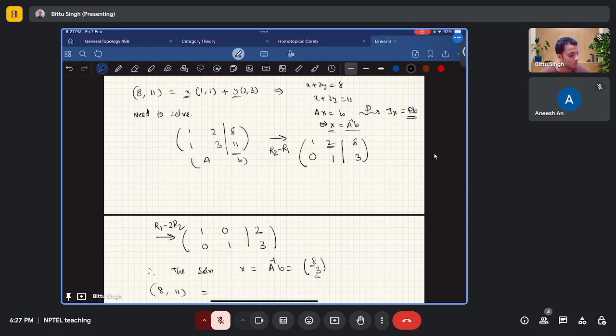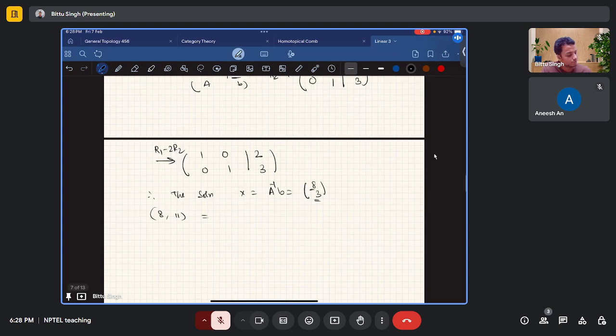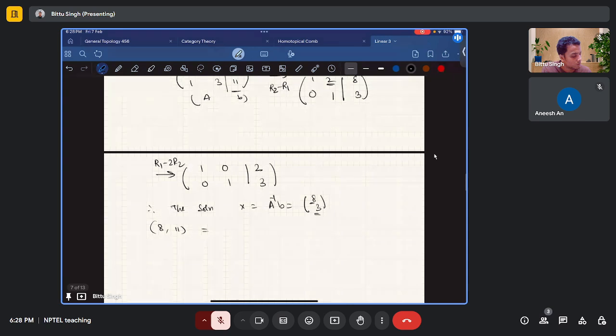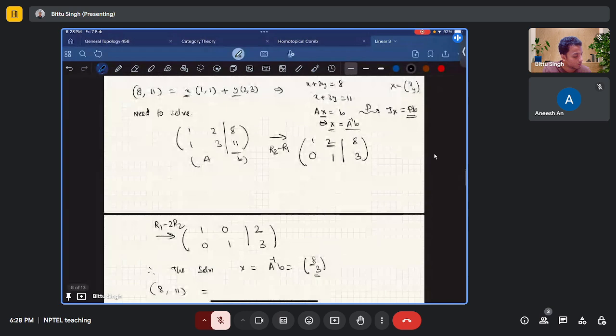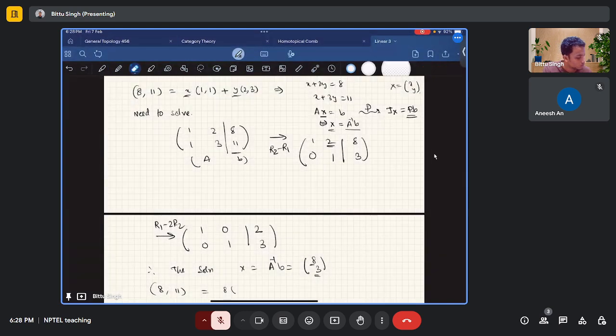Because initially we are solving for this X, and this X is the same as X comma Y. The notation X means this is X comma Y. Sorry, it is not 8 comma 3, it is 2 comma 3. Some mistake, this is 2 comma 3, right?